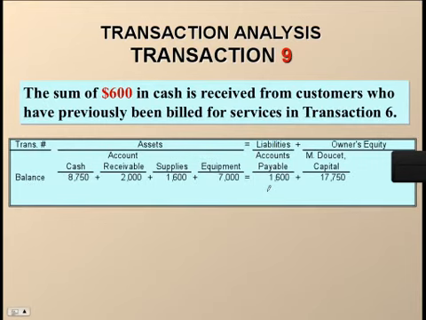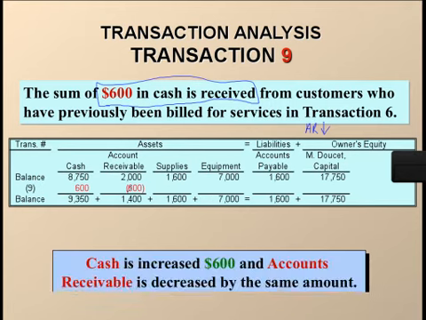Transaction number 9: the sum of $600 in cash is received. Again, what do we know for sure? Well, we know cash went up $600. From where? From customers who had previously been billed in transaction 6, so somebody owed us money. So our accounts receivable is going to go down because they've now paid us back. So cash goes up and accounts receivable goes down.